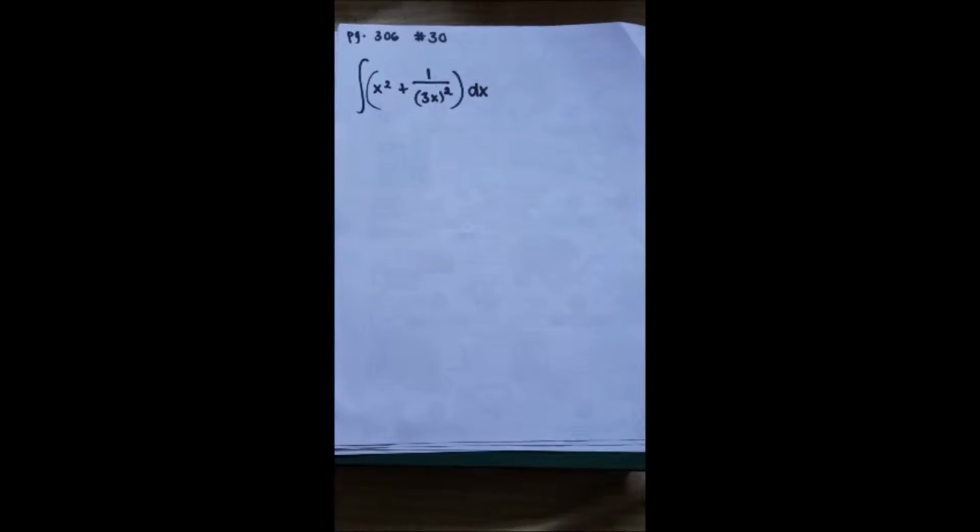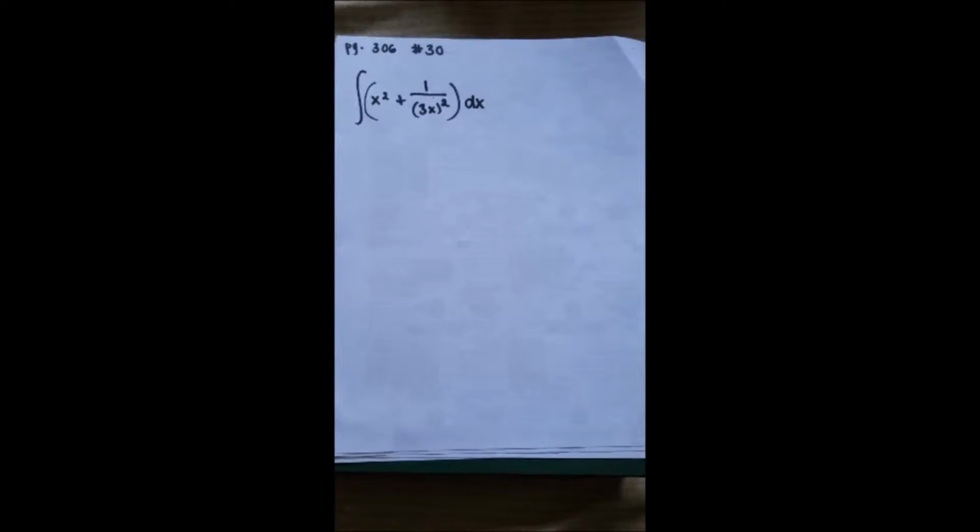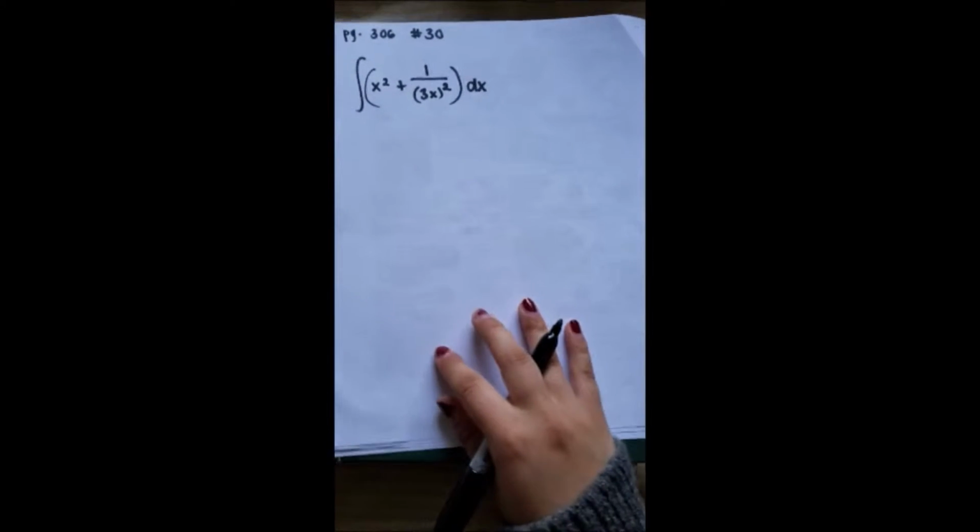So here's the problem from our video. It's on page 306, number 30, and the question says the integral of x squared plus 1 over 3x squared times dx. And so the first thing you want to do to make this problem a lot simpler is separate the integrals.